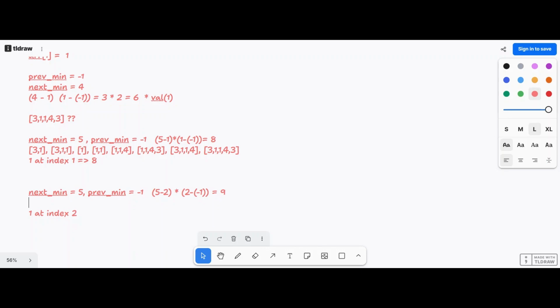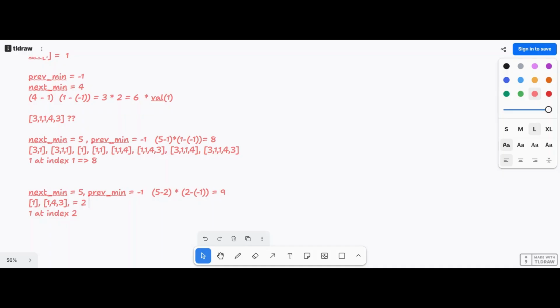So if I have considered 8 subarrays for the first, the only thing left is starting from index 2: 1 4 3, 1 4 3, and then nothing. So only two subarrays.